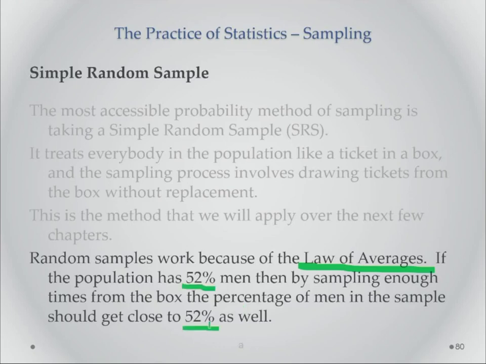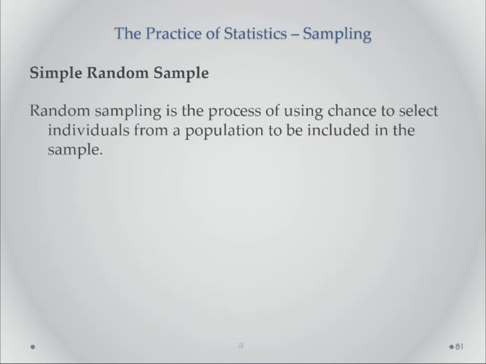As you get to 10, 20, 30, 40, 100 different samples and look at those percentages, they're going to get closer and closer to the percentage of the population. That's called the law of averages. That works very well for us in simple random sampling. Like I said, you're using chance to select individuals from a population. Chance is the same thing as saying you put a bunch of numbers in a hat and shake them up.